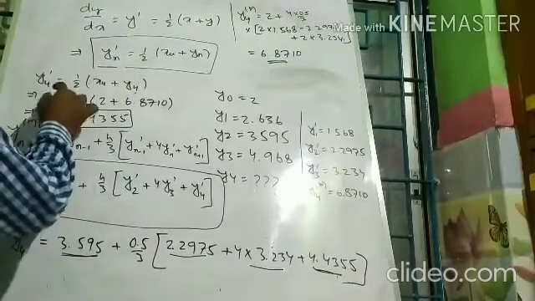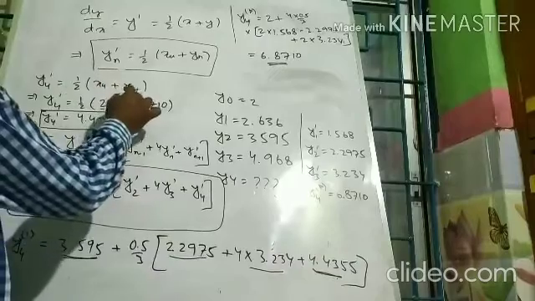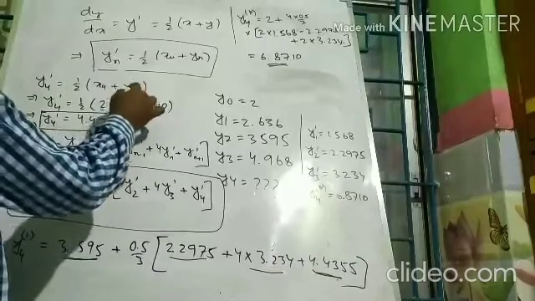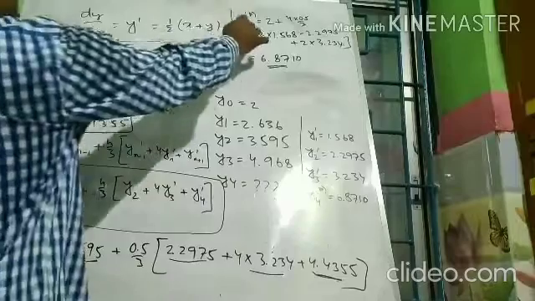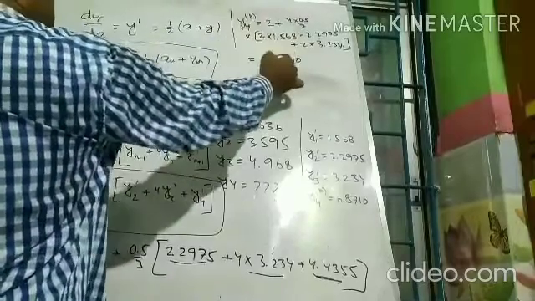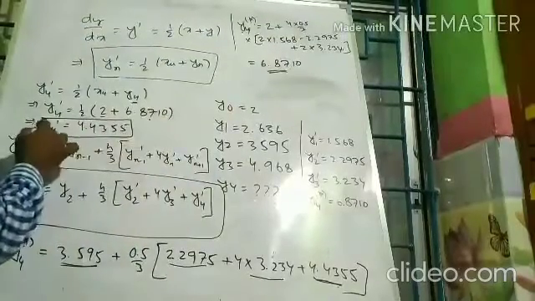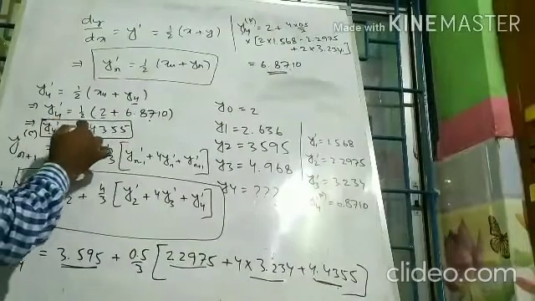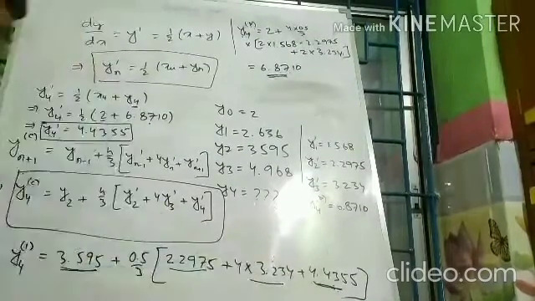So y4 prime is 4.4355. Put here 4.4355 and simplify.